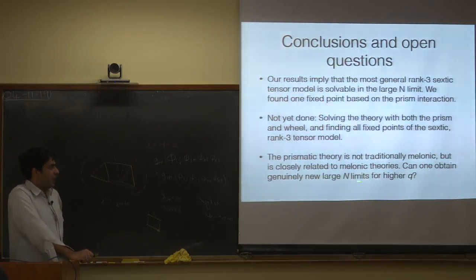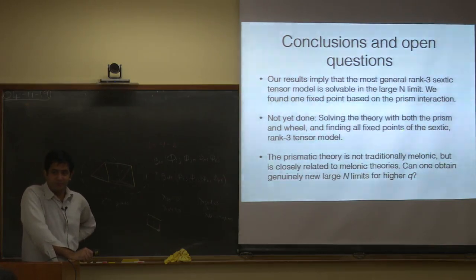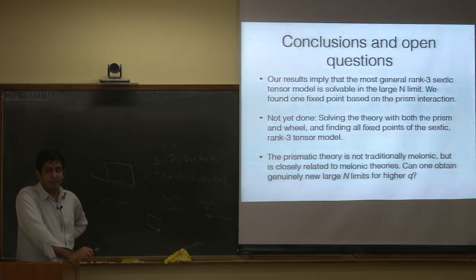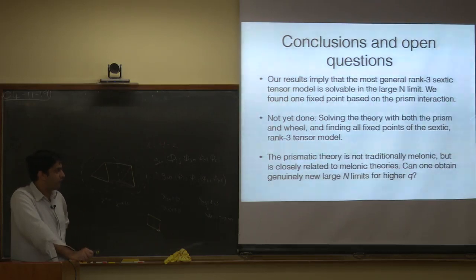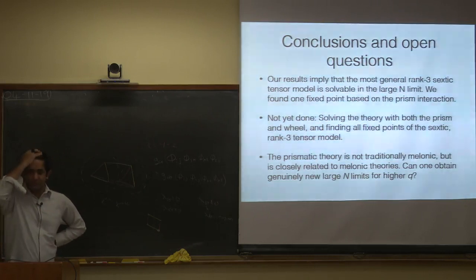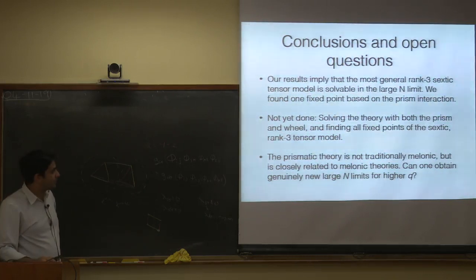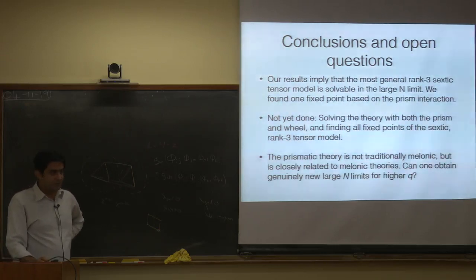Second of all, if you go to higher Q, these subchromatic theories might give rise to diagrammatic rules that are even more general, which could be relevant for quantum mechanics models. Like the prism is still closely related to melonic, but perhaps at higher Q there's more general things. So that's the end of the talk.